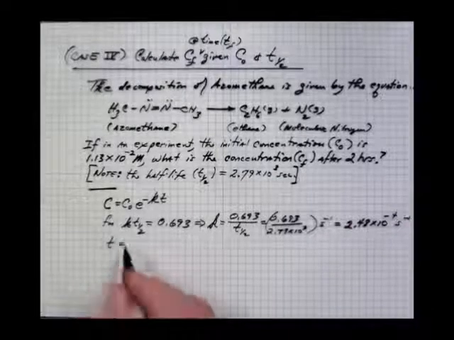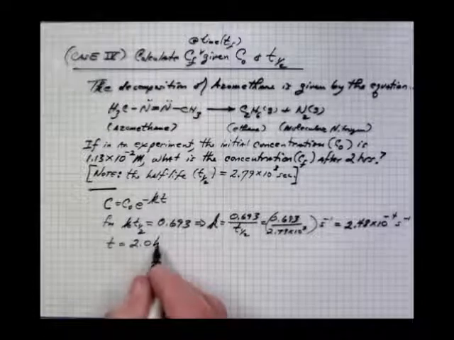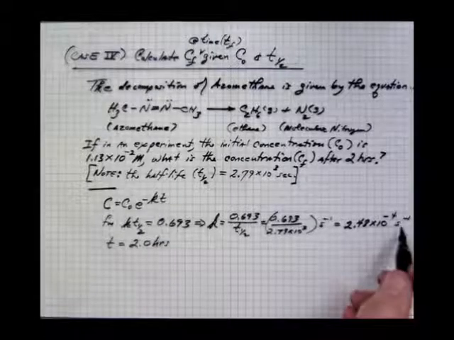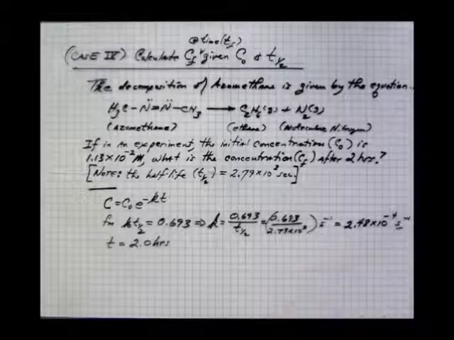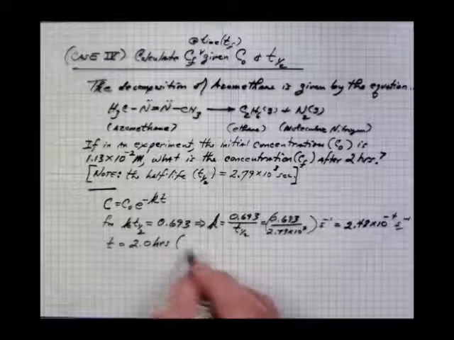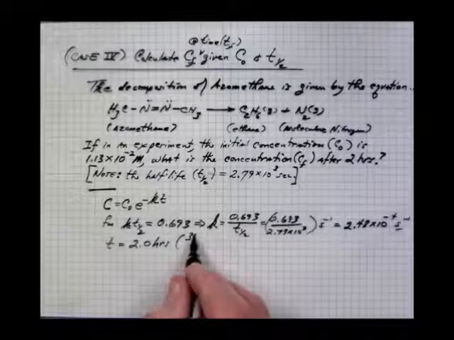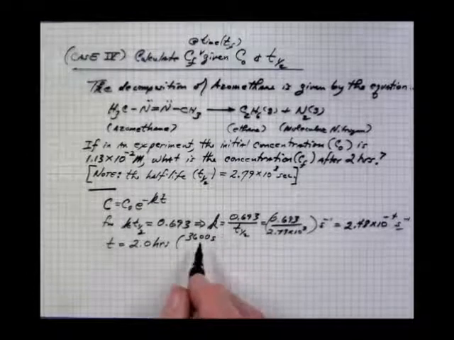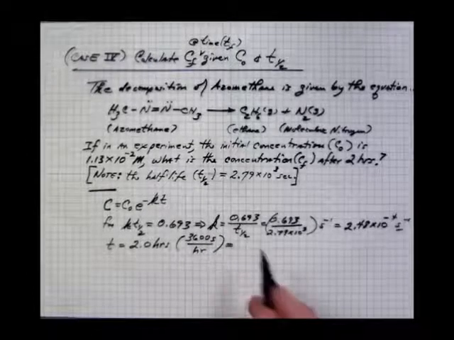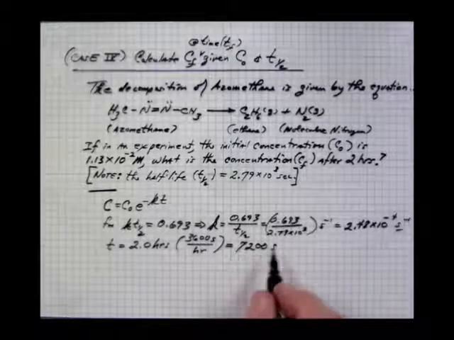So if time is 2.0 hours, you need to convert the hours to match the units of the rate constant. So we'll multiply the hours times the conversion factor of 3,600 seconds per hour to equal 7,200 seconds.